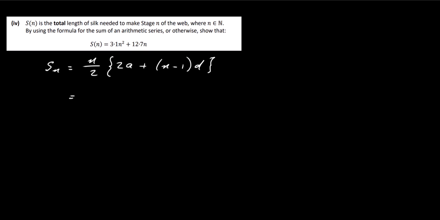So we have n over 2 times twice the first term, which was 15.8, plus n minus 1 times the first difference, which was 6.2. So this is our formula here.